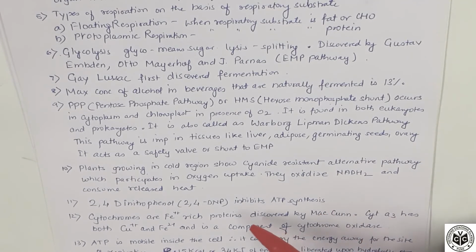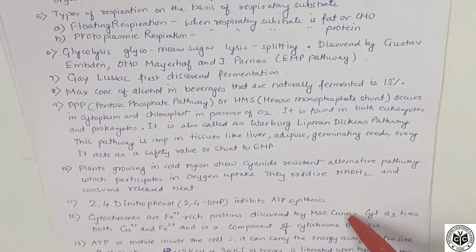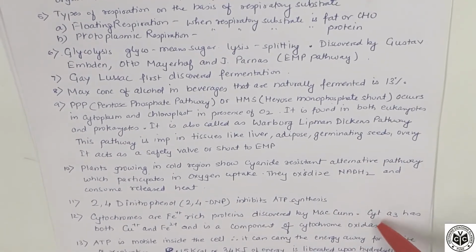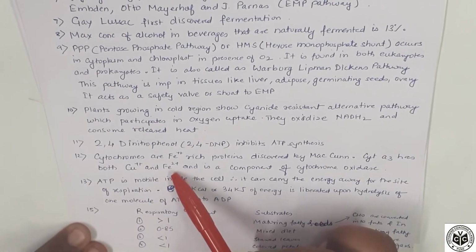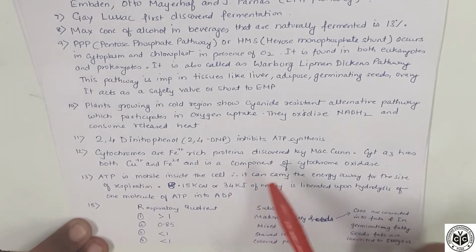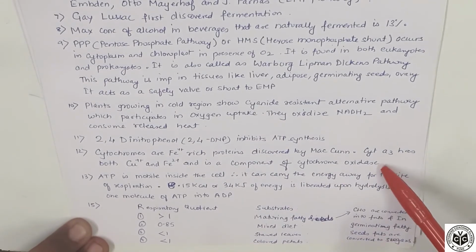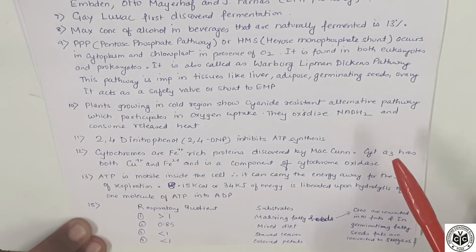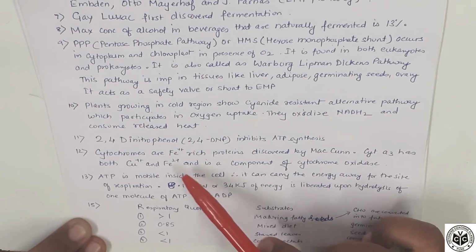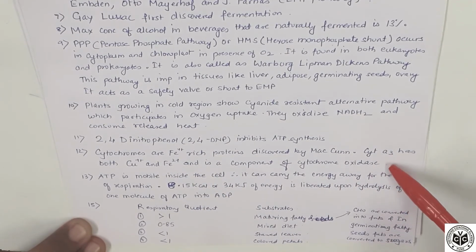Cytochromes are Fe-rich proteins discovered by Mac Kuhn. Cytochrome A3 has both Cu and Fe and is a component of cytochrome oxidase. So this is an important point.